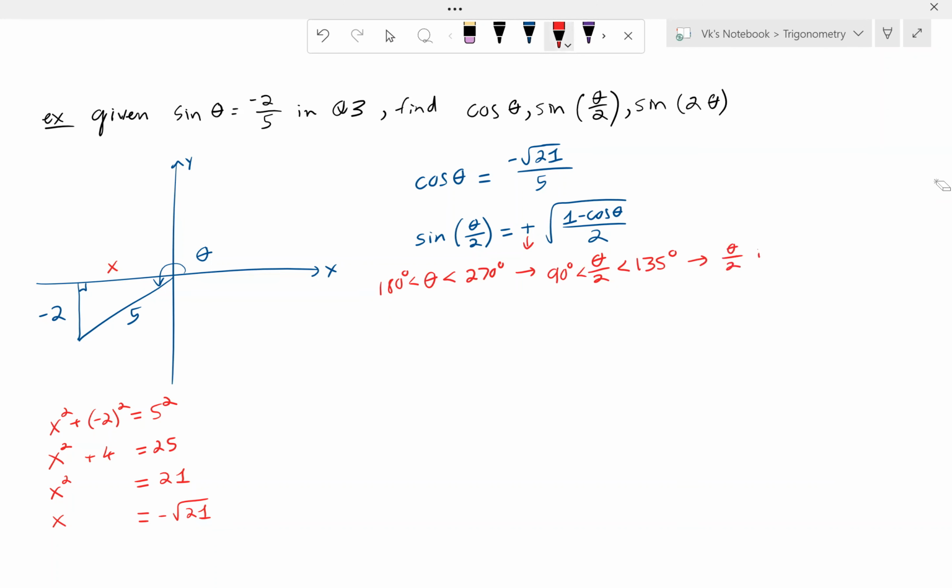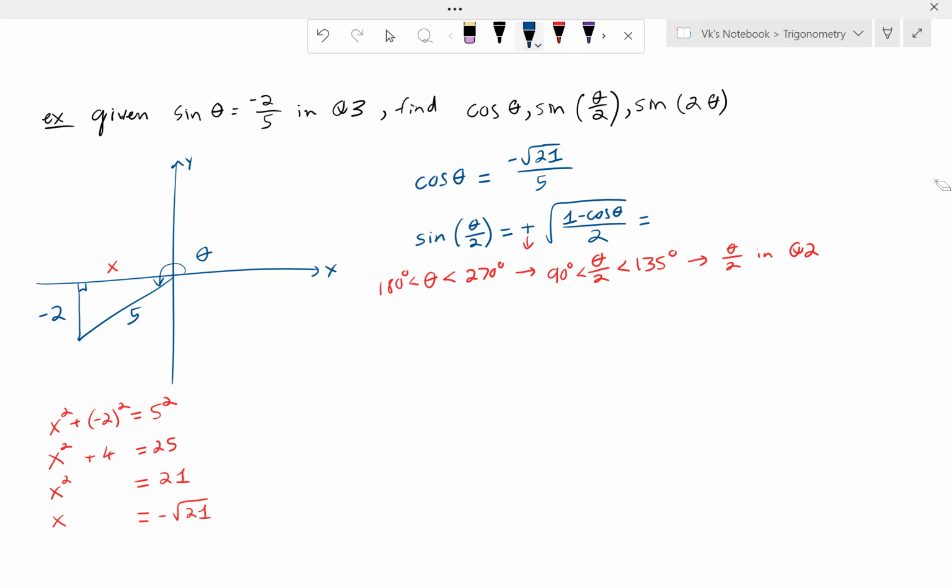Theta over 2 is in Q2, second quadrant. And in the second quadrant, sine of the angle is positive.